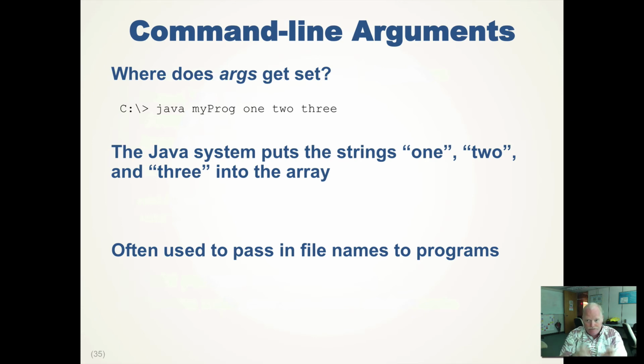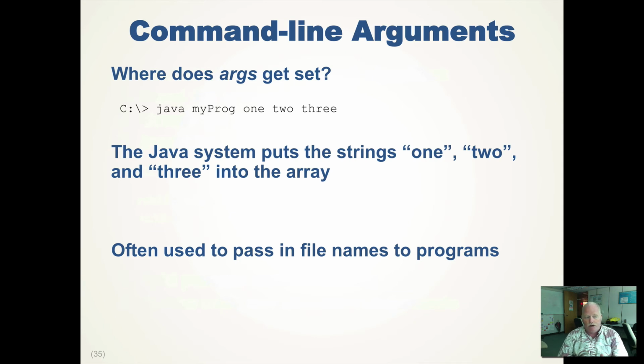So that's what args will be. Args will be a string array with 3 values. In the 0th position will be 1, in the first position there'll be 2, and in the second position there'll be 3.